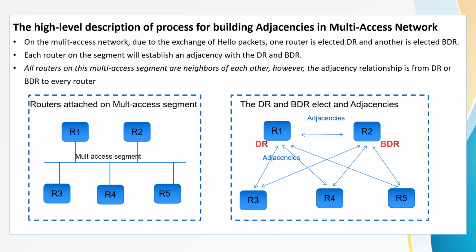However, the adjacency relationship is only from the DR or BDR to every router. This diagram below illustrates this. The left-hand side diagram shows five routers connected to a multi-access segment. The right-hand side shows the DR and BDR elected and the adjacency between every router and the DR and BDR.